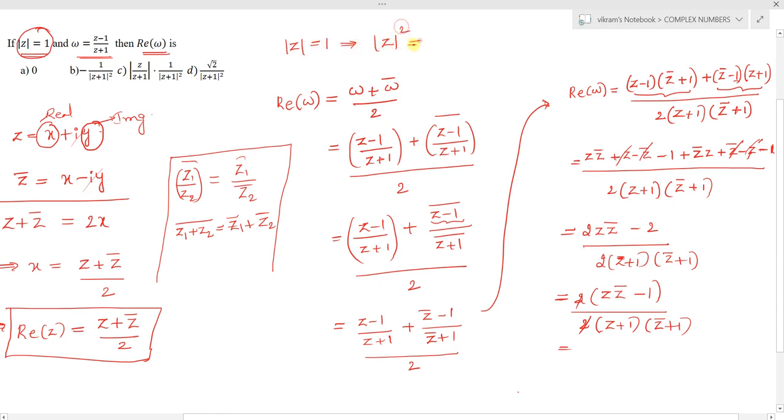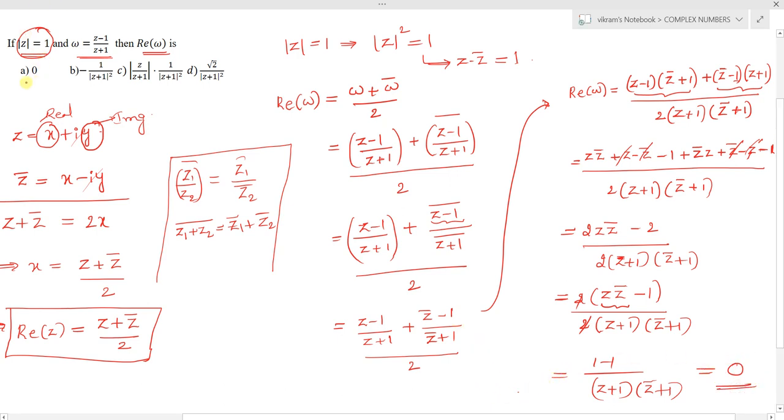Then the square of the mod z equals 1, which can be written as z into z conjugate equals 1. Now z into z conjugate is 1, so we can write this as (1 minus 1) by (z plus 1) into (z conjugate plus 1). Then 1 minus 1 equals 0, and 0 by something, we obtain 0.